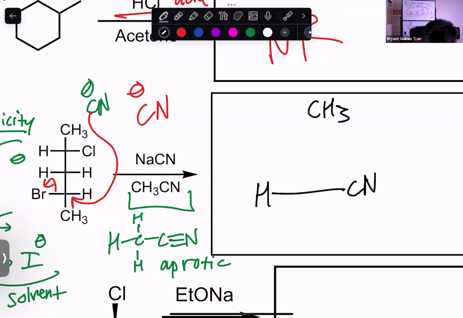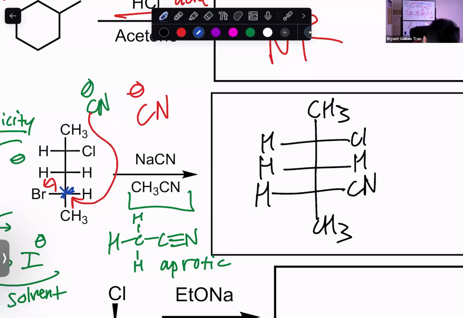Everything else stays the same because nothing touched those carbons. This chlorine here will stay as it is. This chiral center with the bromine got reacted with, which is why it got inverted. If you calculate R and S, you will see that if this is R, it will flip to S. If this is S, it will flip to R.